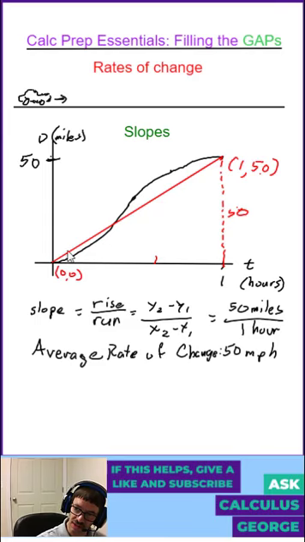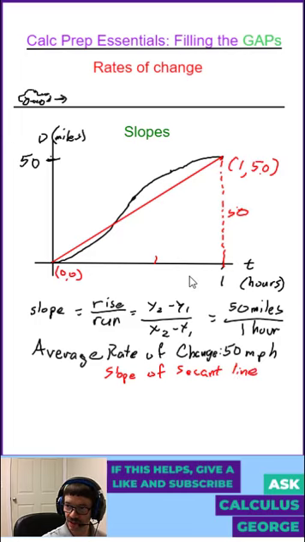So this line right here is what we call a secant line. So this average rate of change would also be the same as the slope of this secant line. A secant line would be a line that goes through 2 points on a particular curve.